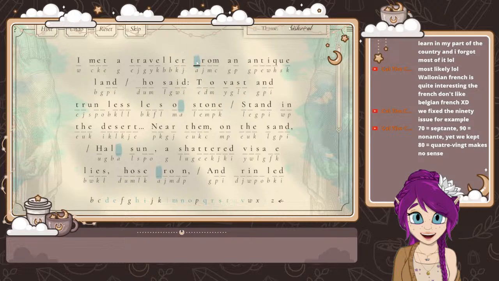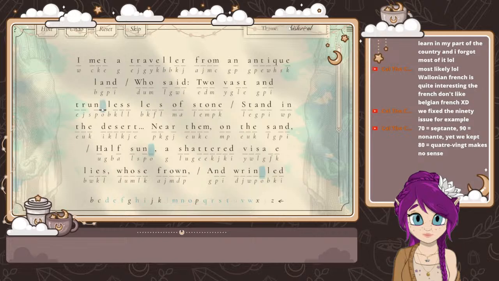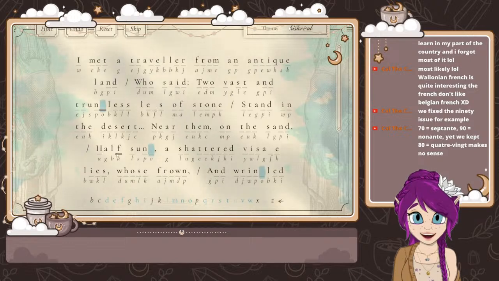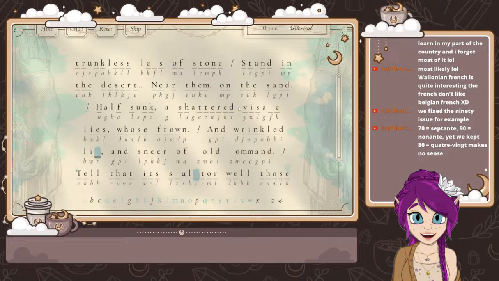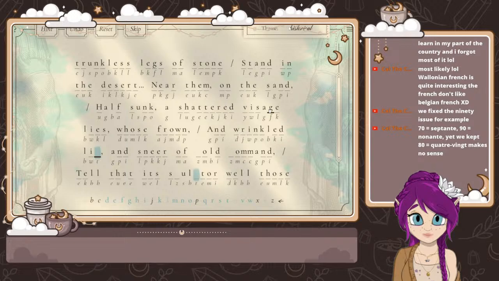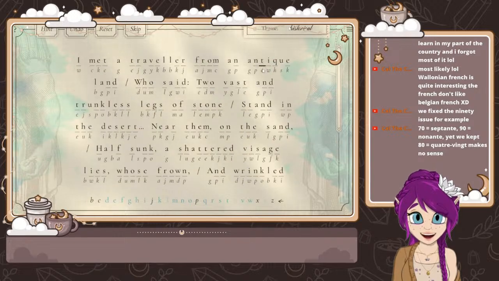I met a traveler from an antique land who said two vast and trunkless legs of stone stand in the desert.